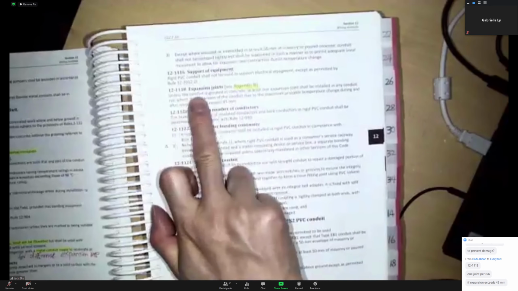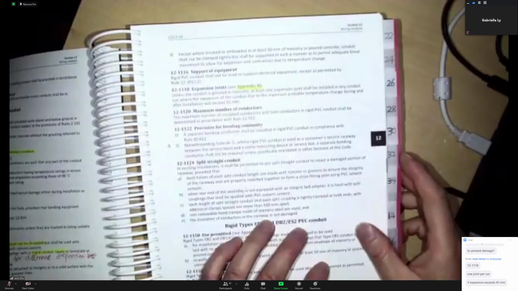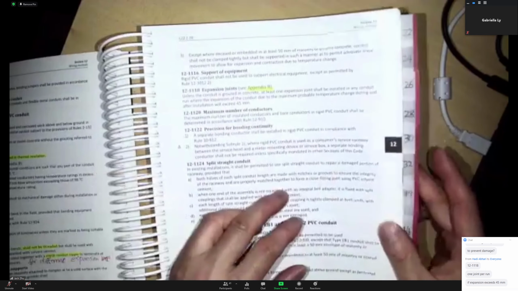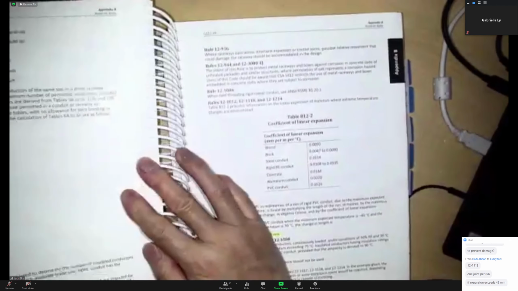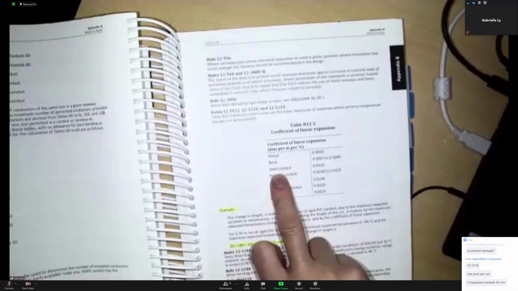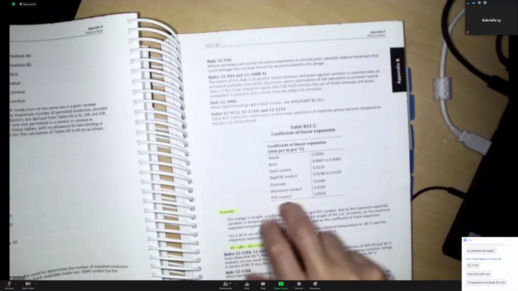So this rule about expansion joints, if you go to Appendix B, 12.1118, they tell you different materials.